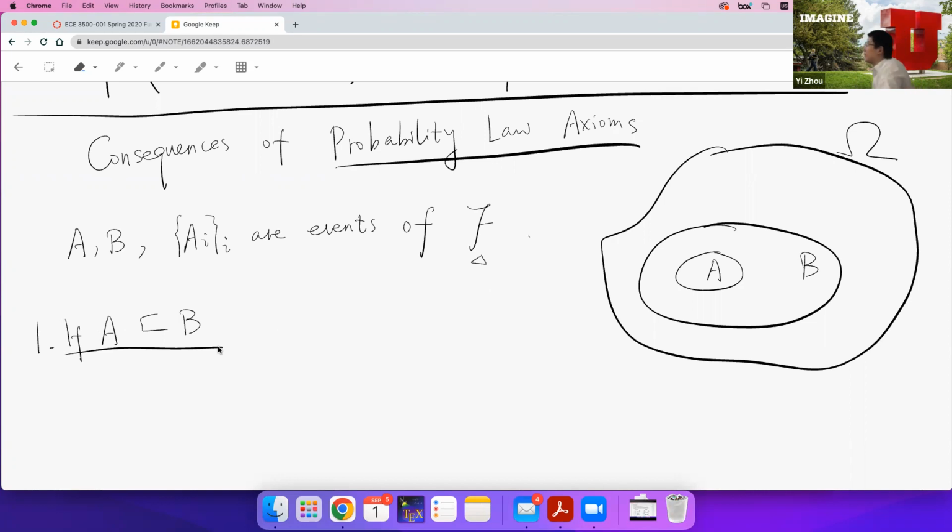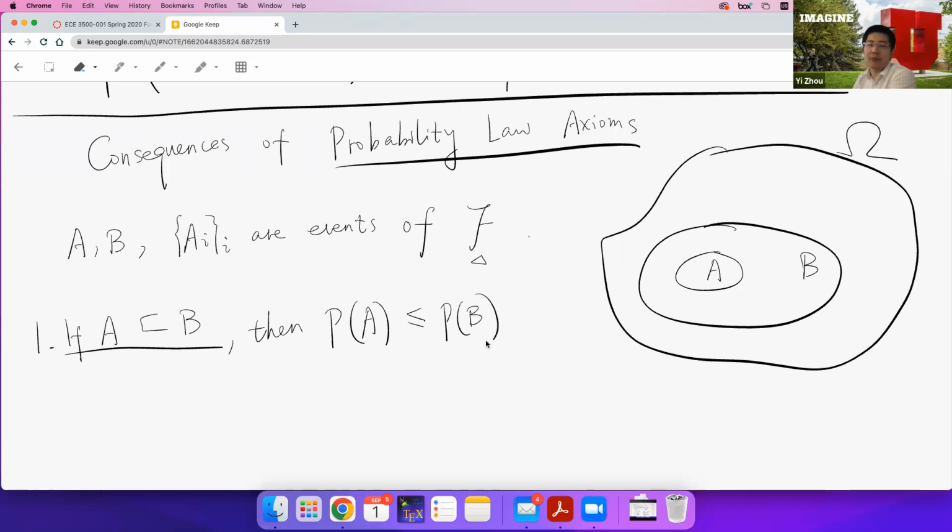Intuitively, event A is a smaller event. What can we say about their probabilities? Smaller, right? It has to be smaller, otherwise it's counterintuitive.